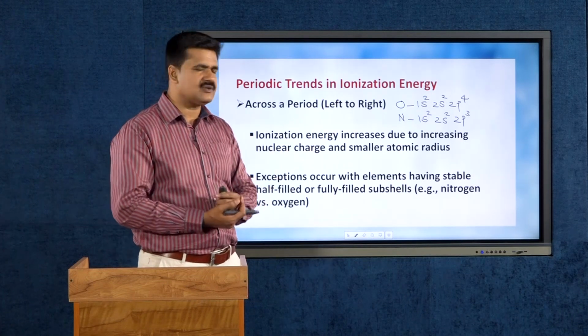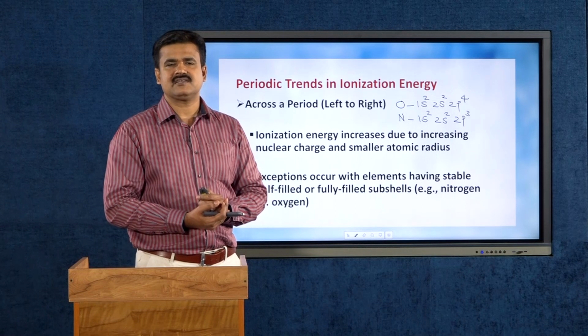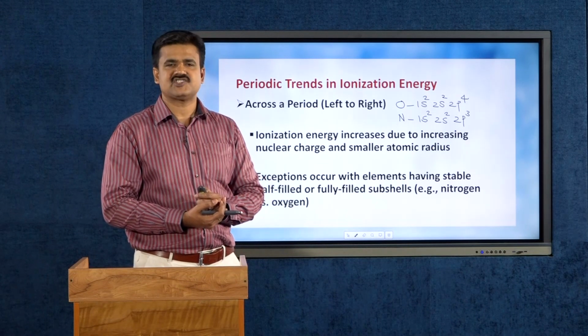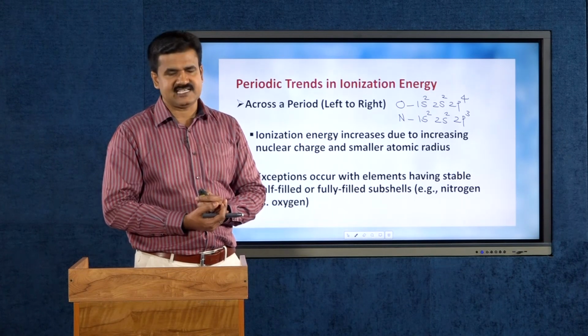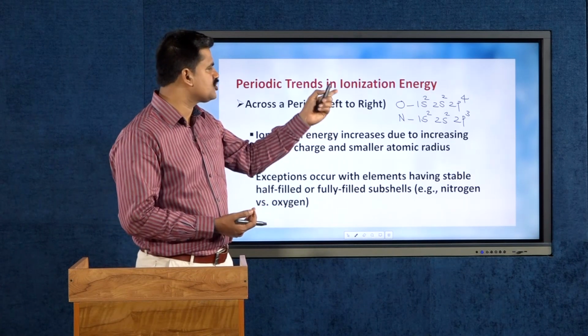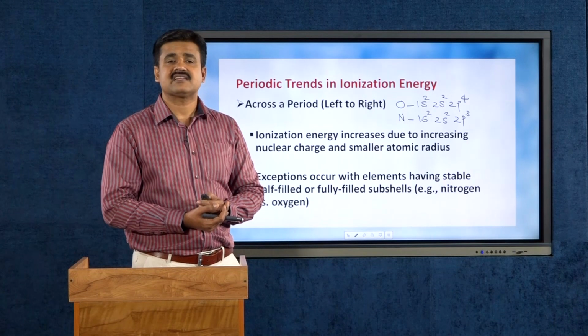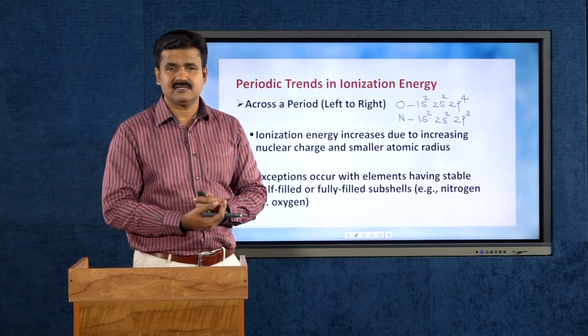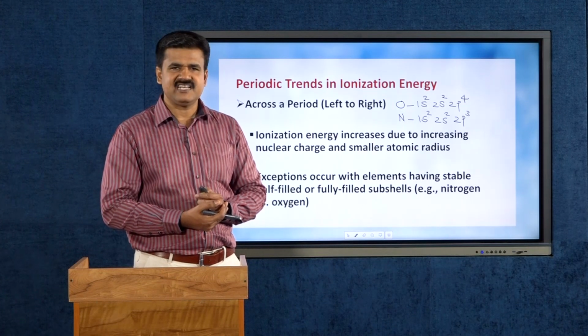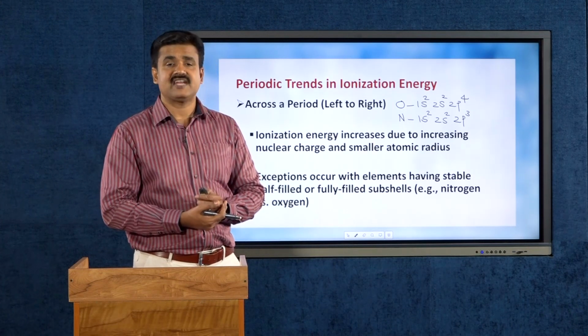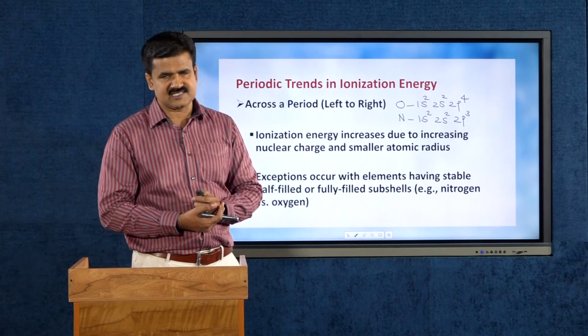However, in the case of oxygen, the electronic arrangement of outermost shell is not half-filled, it is a 2p4 arrangement. When comparing these two elements, it is very well clear that nitrogen is associated with some stable configuration, and hence definitely the ionization enthalpy of nitrogen is greater than that of oxygen.